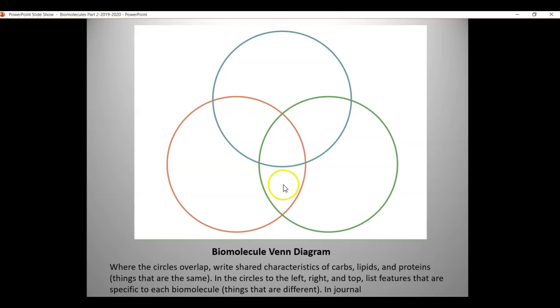Right here's what the green and the orange have in common, so your lipids and your proteins. Right here's what your proteins and your carbs have in common. Right here would be what your protein and your lipids have in common. Then out here it's what are the characteristics of just carbohydrates? What are the characteristics of just proteins? What are the characteristics of just lipids? Go ahead and do that and turn it in and move on to your next assignment.